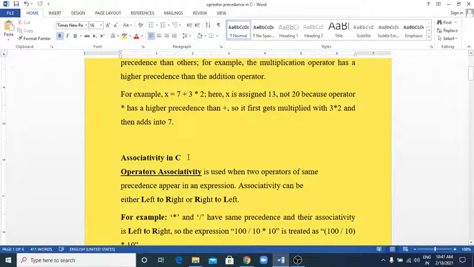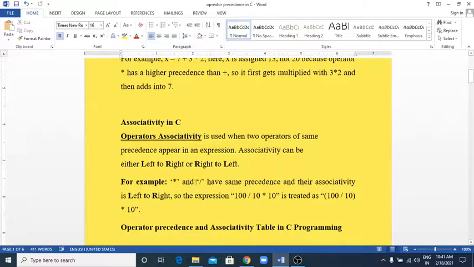Now the second concept is associativity in C. Operator associativity is used when two operators of the same precedence appear in an expression. Associativity can be either left to right or right to left. There are two possibilities: the operators will be associated in two ways, left to right or right to left.